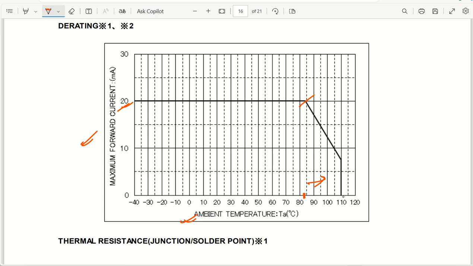So make sure your LED is being used below 80 or 85 degrees centigrade, so that you can use the complete span of your current ratings. Or if you want to use 5 milliamperes of current, then it can still work at around 100 or 105 degrees centigrade very easily.